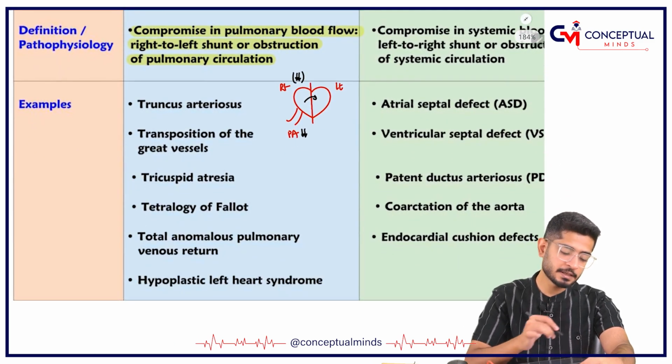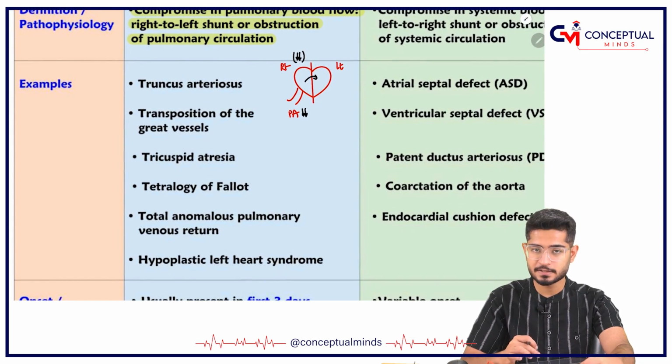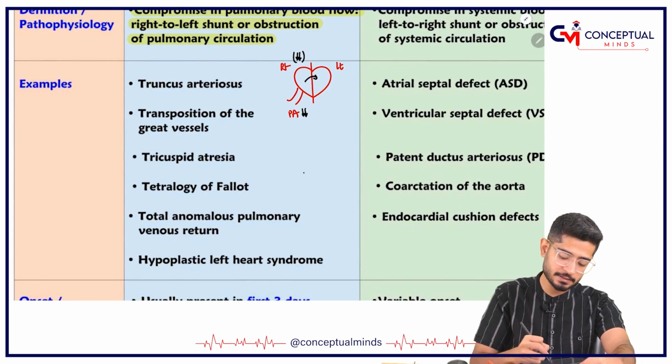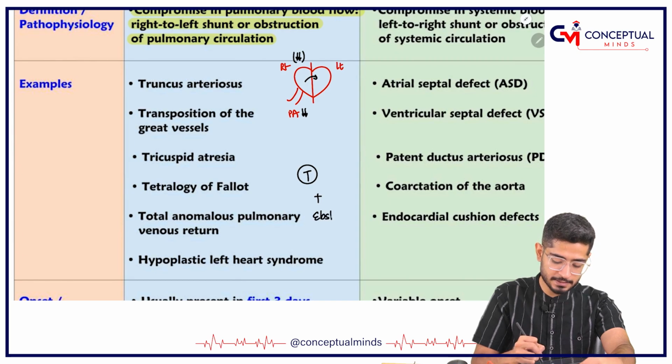Cyanosis. And I think I have told you in the first class that all the cyanotic heart diseases start with the letter T, plus one more, which is Epstein's anomaly. So now it is easy for you to remember.